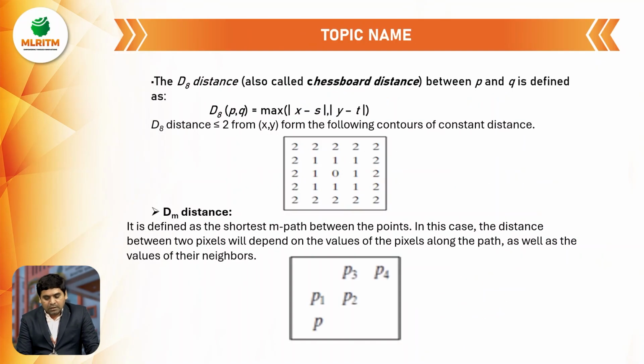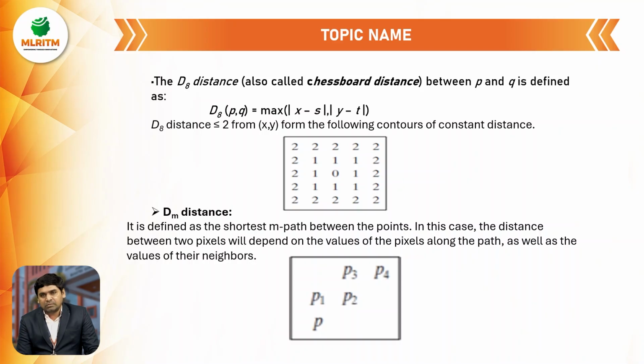The next one, D8 distance of P comma Q, is also called the chessboard distance between P and Q. With P coordinate x comma y and Q coordinate s comma t, D8 of P comma Q equals max of mod x minus s comma mod y minus t, which is the maximum between x minus s or y minus t.